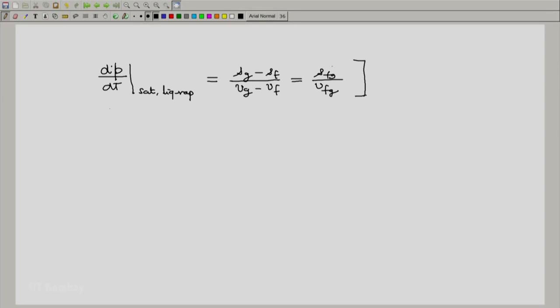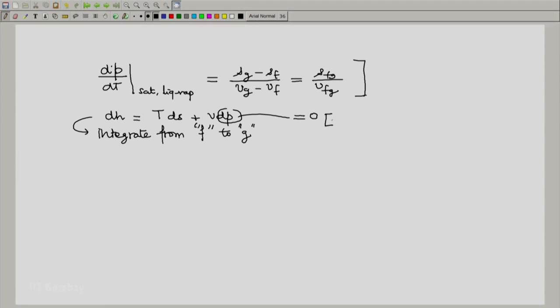We can extend this form a bit by noting that the expression for dH is TdS plus VdP. Now, this expression we integrate from F to G along the line which is both isobaric and isothermal. Now, notice that in this dP will be 0.